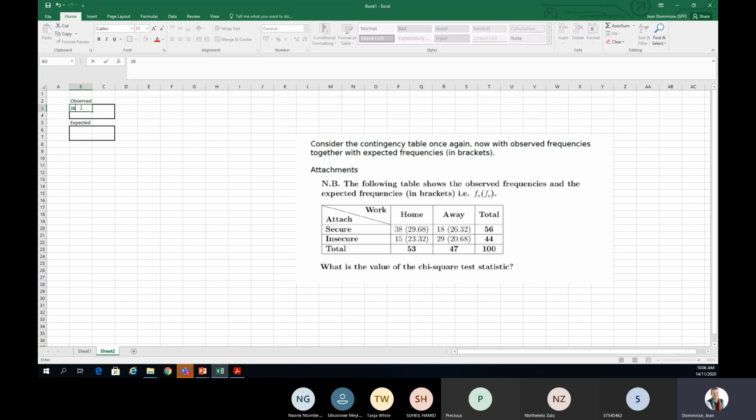Observed is 58, it is 18, it's 15, it's 29. The expected was 29.68, 26.32.